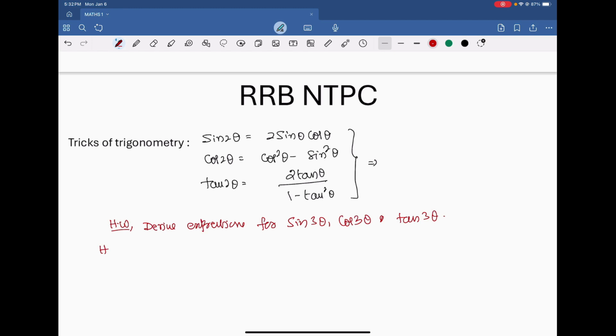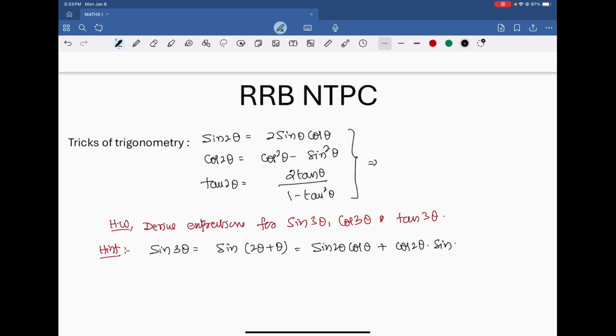Hint is sin 3 theta is equal to sin(2 theta plus theta), because 2 theta plus theta is 3 theta. That is equal to sin 2 theta cos theta plus cos 2 theta sin theta from the definition of sin(A plus B).